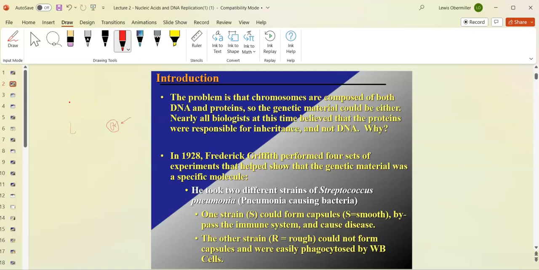The other bacteria look like this, where their capsule is really rough, and so the receptors actually poke out, and so T cells or B cells or whatever can recognize this and then kill it. So this one is protected from the immune system. This is called the S strain because it looked smooth under the microscope, and this is called the R strain because it looked rough under the microscope.